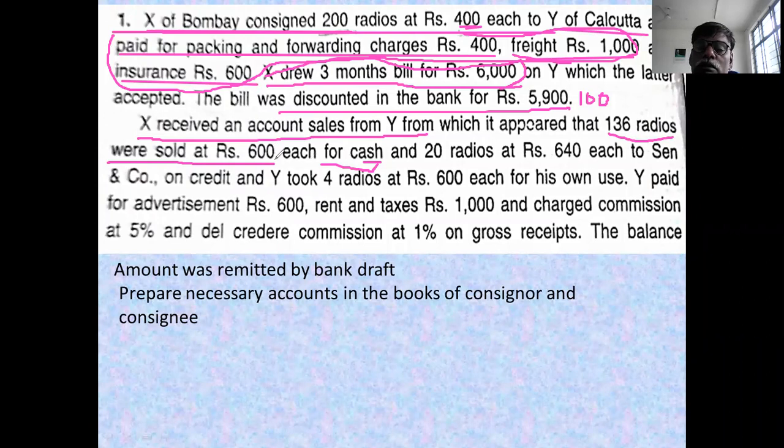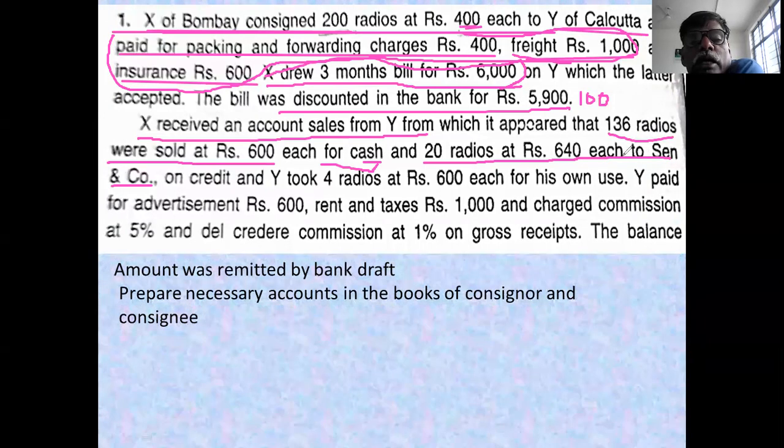Then 20 radios sold for rupees 640 each to Sen and Company. 20 radios sold to Sen and Company, a person, means it is credit sale. 136 radios cash sale, 20 radios credit sale.